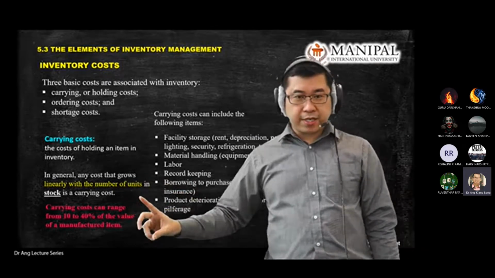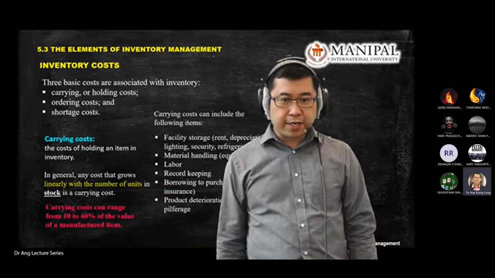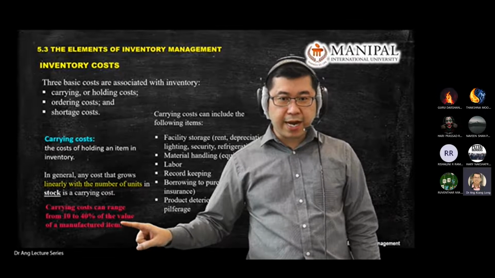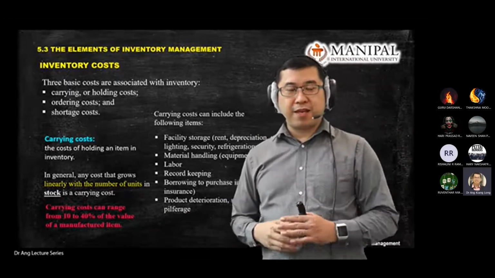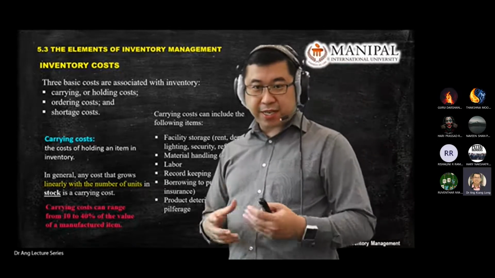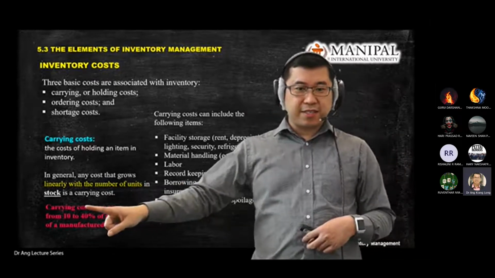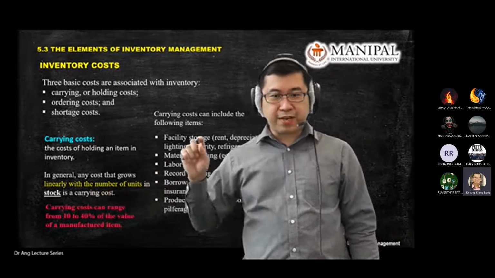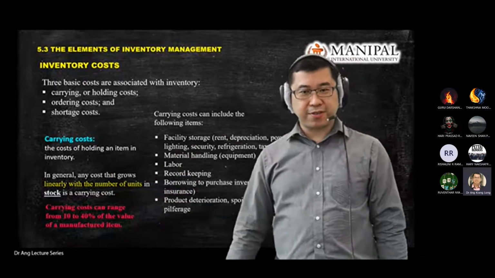Normally in the industry, carrying costs will range from 10 to 40% of the item value. What does it mean? For example, burger again. One burger, let's say you sell at 3 ringgit. Normally, 10 to 40% of the selling price will fall under carrying cost.